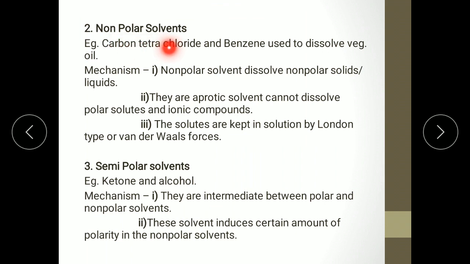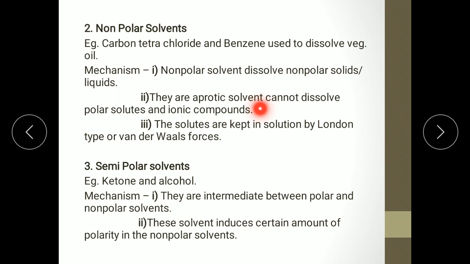Now, second category is non-polar solvent. Examples are carbon tetrachloride and benzene. Other solvents are also there. They are used to dissolve vegetable oils, since vegetable oils are not soluble in water. Mechanism: a non-polar solvent dissolves non-polar solids or liquids. They are aprotic solvents.